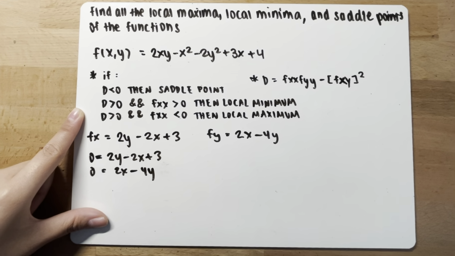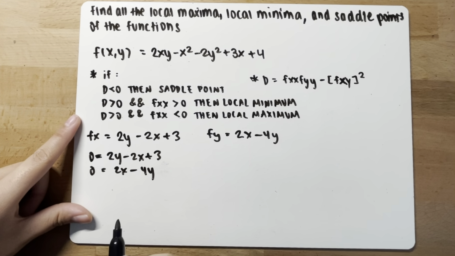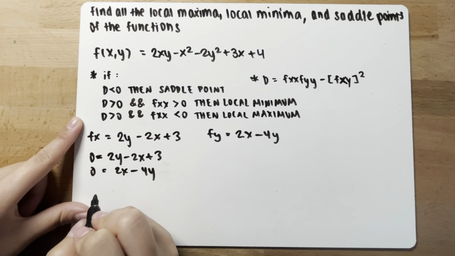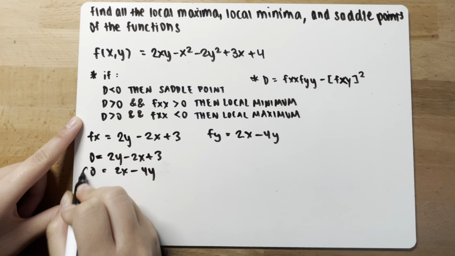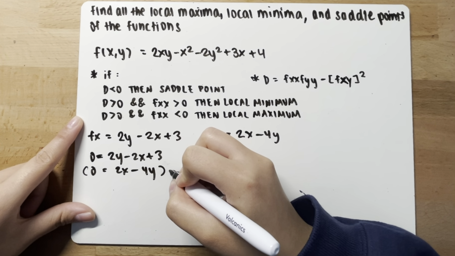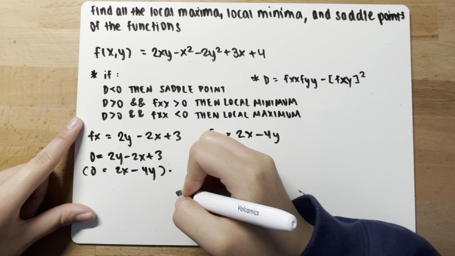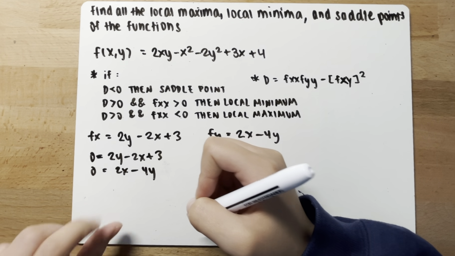x and y. So with this, it's easier to use elimination. You know what? We don't even have to multiply because there's already negative 2x and 2x.